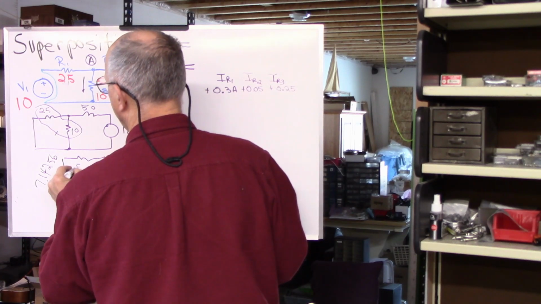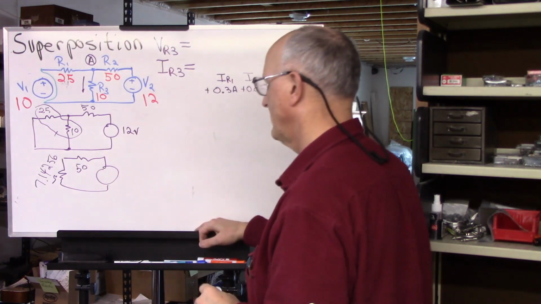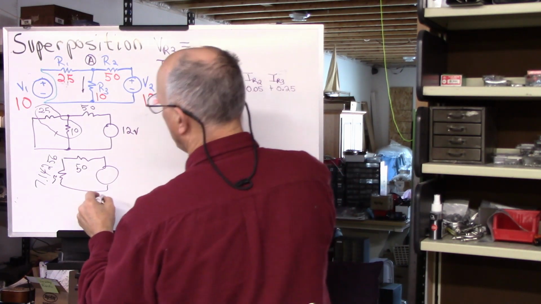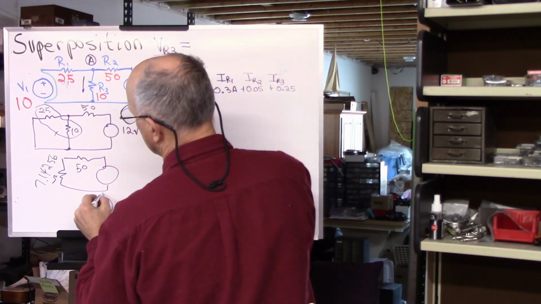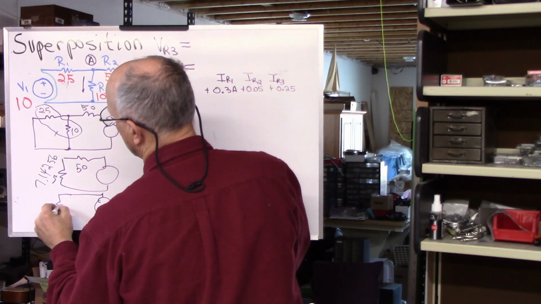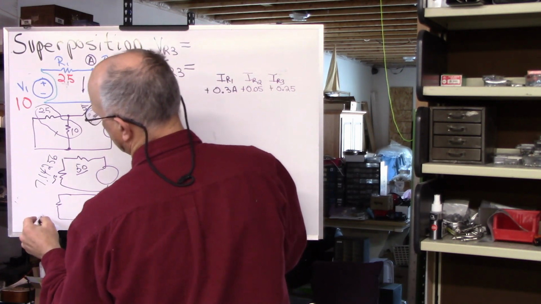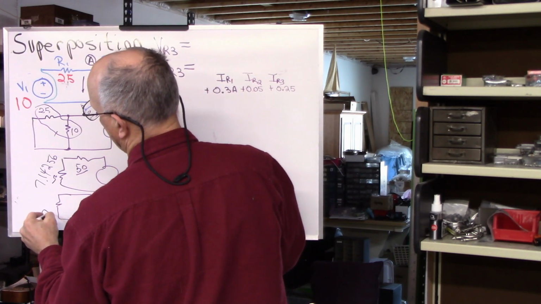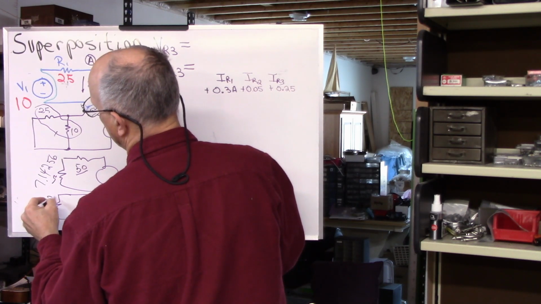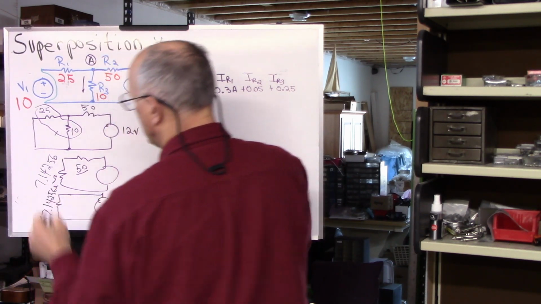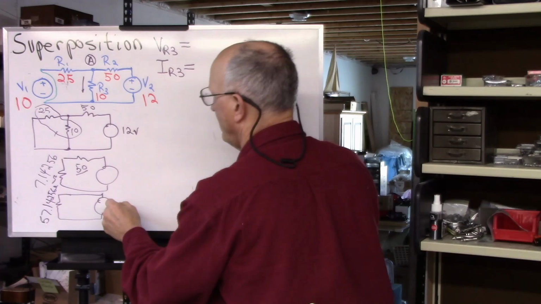And this is still 50 ohms. These are in series with one another. So we essentially have this here, which is 50 plus this. So this is 50, 7.14256 ohms. And this is 12 volts.